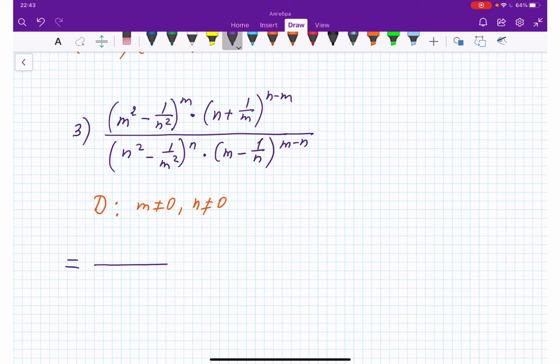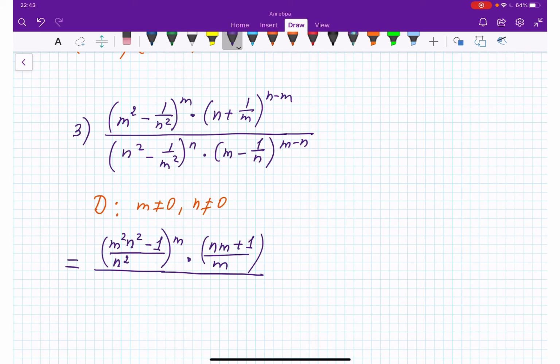So it's going to be here n squared, all right, here I will have m squared n squared minus 1, to power m, multiply by denominator m, therefore in numerator I will have n m plus 1, and it's going to be to power n minus m.